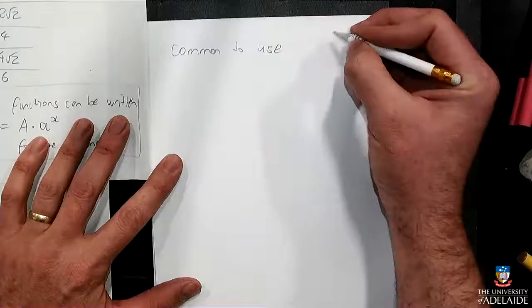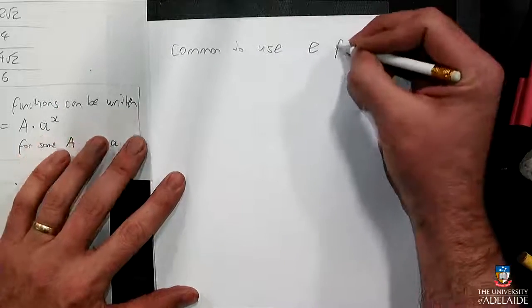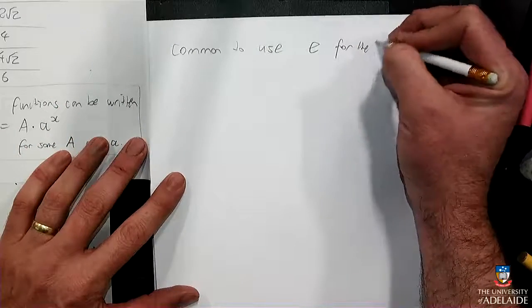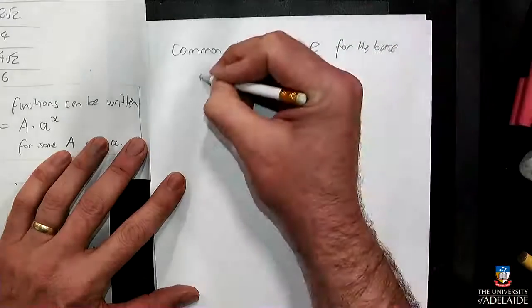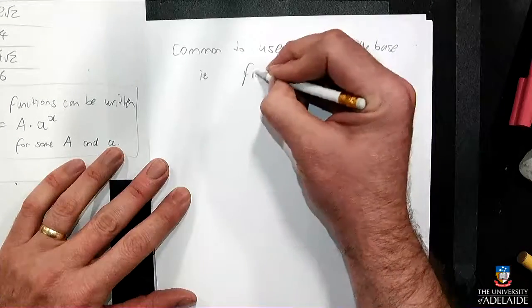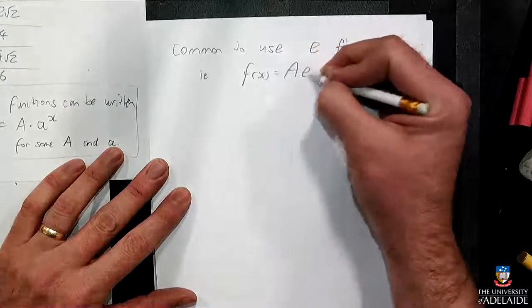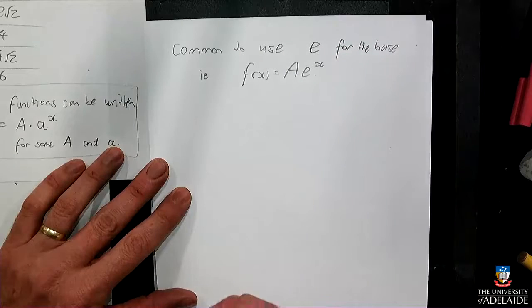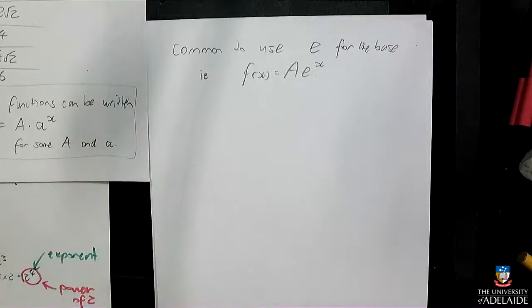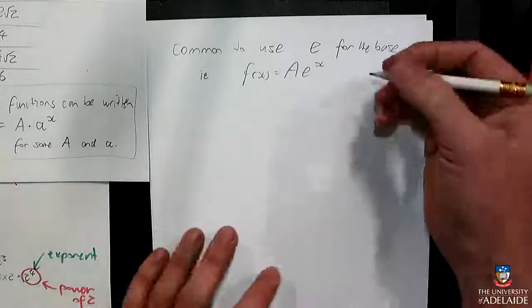It's common to use e, i.e. f of x is some multiple of e to the x, like that. It doesn't have to be x. It could actually be some multiple of x here.